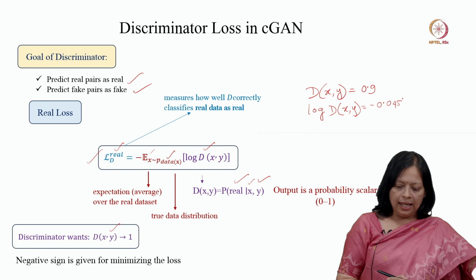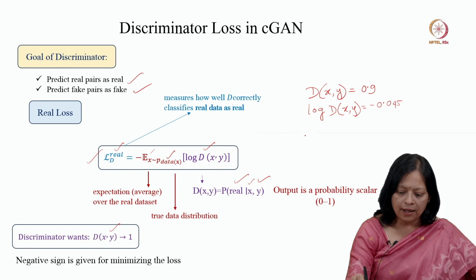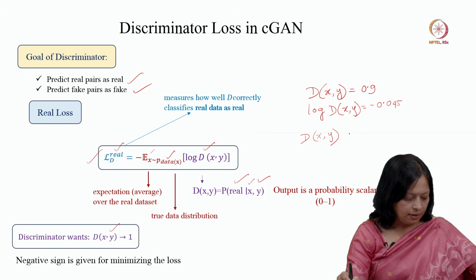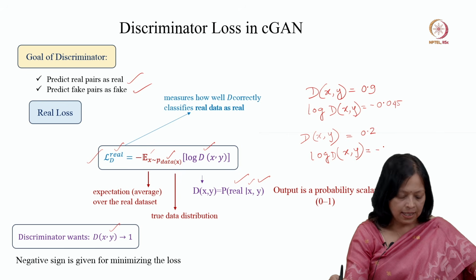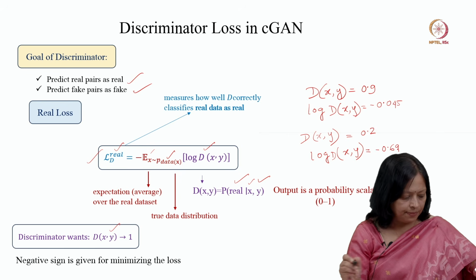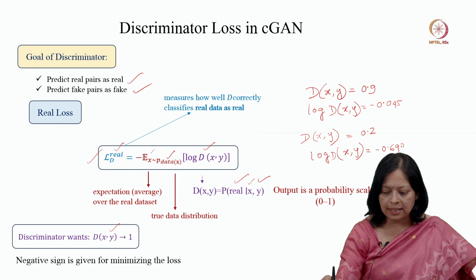And suppose you have D(x,y) equal to 0.2, then log of D(x,y) is equal to minus 0.69, okay, 0.698 something.